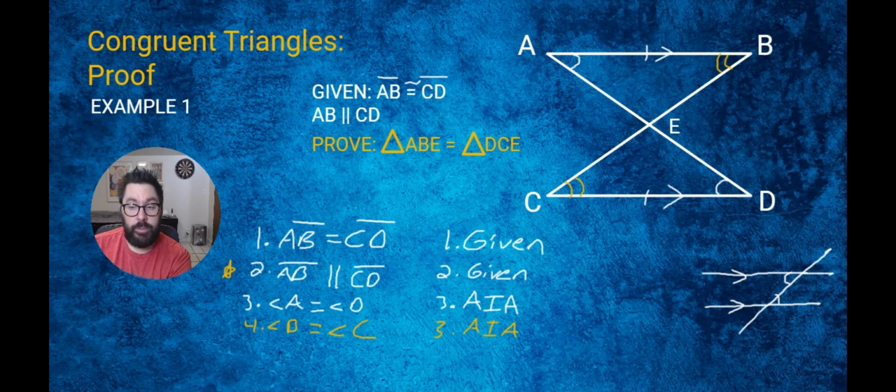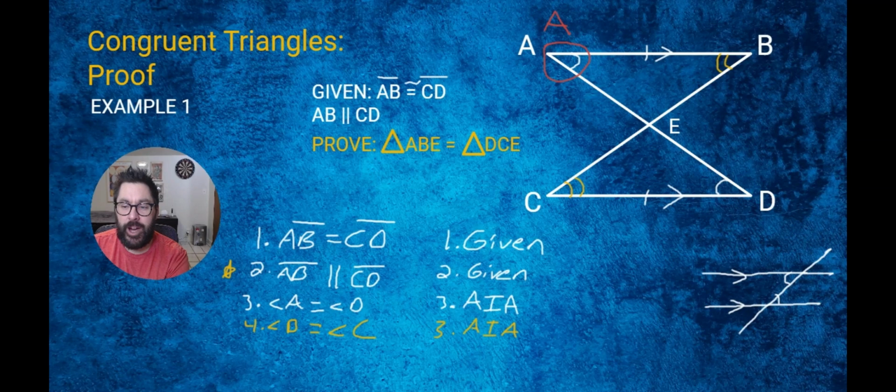So the relationship between the two triangles. We have this angle is congruent to the one down here. So we have an A, meaning A for angle. I know this is coincidentally angle A. It'll make more sense in a second.